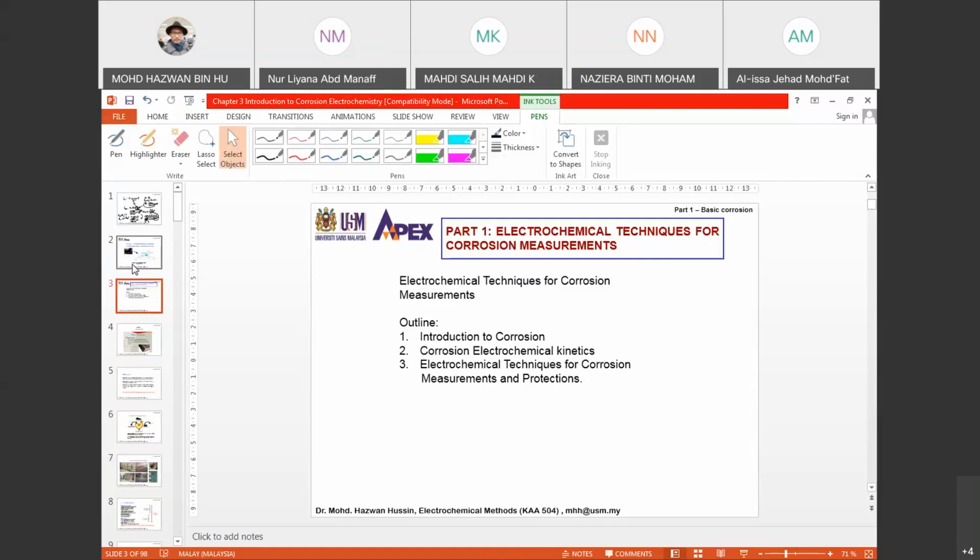Butler-Volmer equation, how to derive Tafel slopes and whatnot. And then finally, in chapter 5, we are going to learn about electrochemical techniques for corrosion measurement. So basically, chapter 4 on kinetics, chapter 5 on the techniques, and chapter 3 on the introduction.